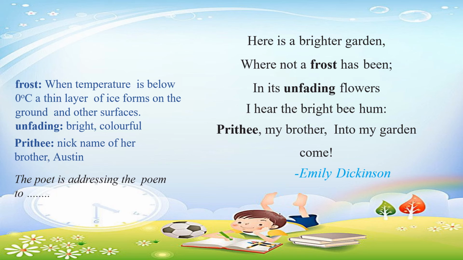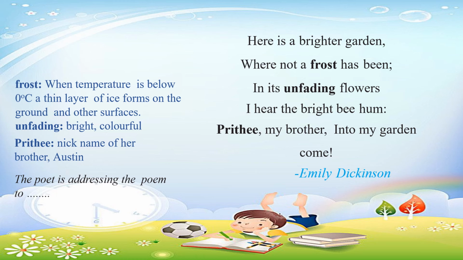She is saying that in her brighter garden there is no frost, there is no sadness. In its unfading flowers, that is, the flowers in the garden are not fading, they are bright. I hear the bright bee hum, means there is life around. There is no silence, there is a bee humming around the flower.